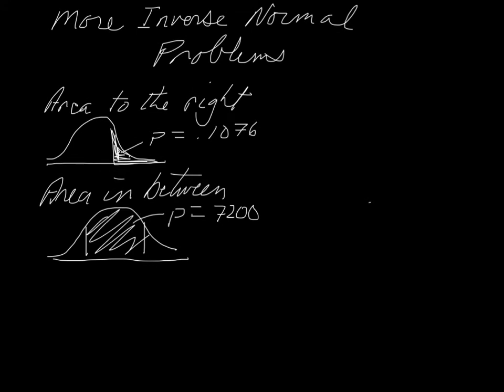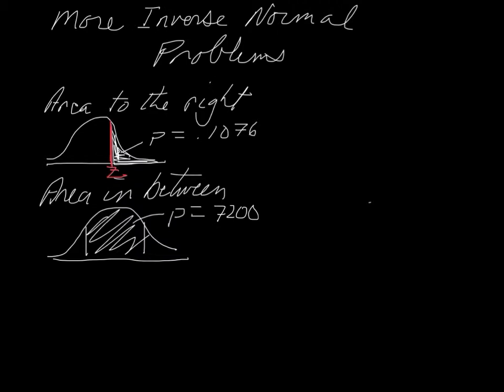So first of all, I have an area to the right problem. And that area to the right problem involves quite a bit of area to the right, a little over 10%. And as we said in class, what we're trying to do is find the z value that gives us that area to the right.